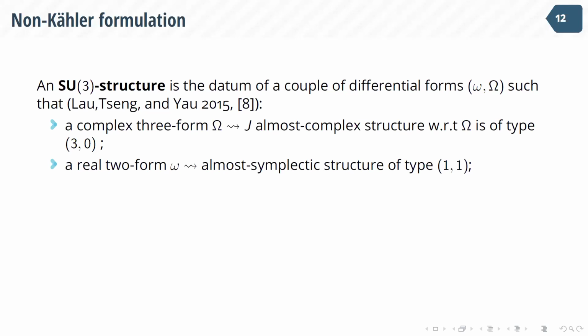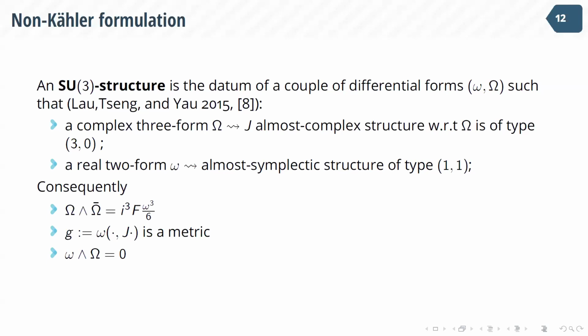Omega is a real two-form that induces an almost symplectic structure, which is of type 1-1. And as a consequence, the non-vanishing top forms that we can define with them must be proportional. Combining the two-form with the almost complex structure, we get a metric. And also the wedge of the two forms is 0.